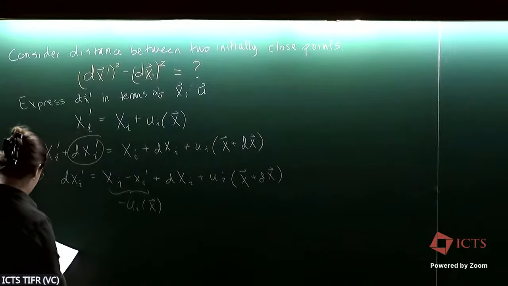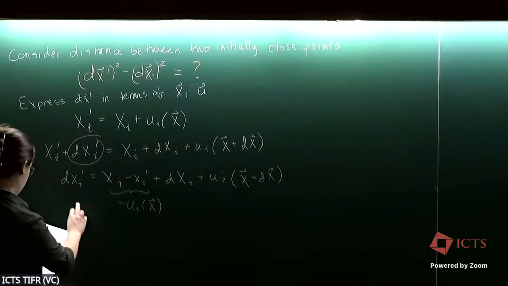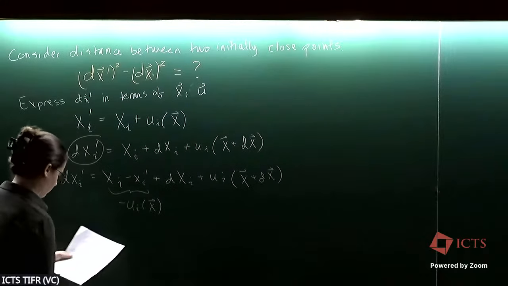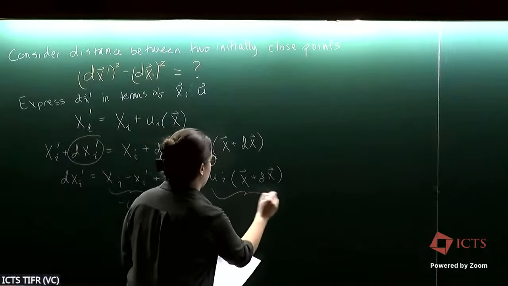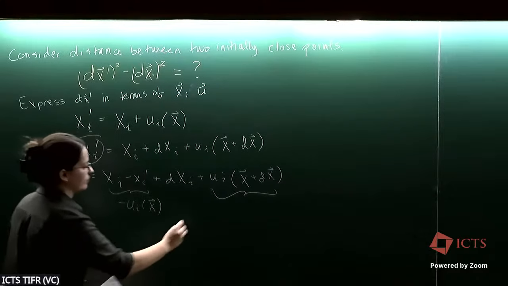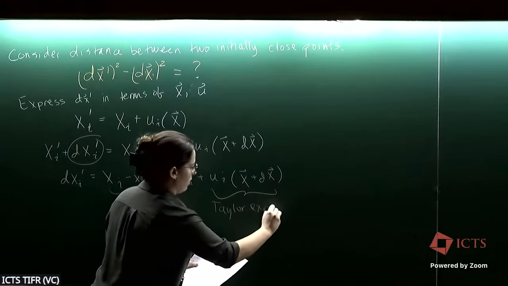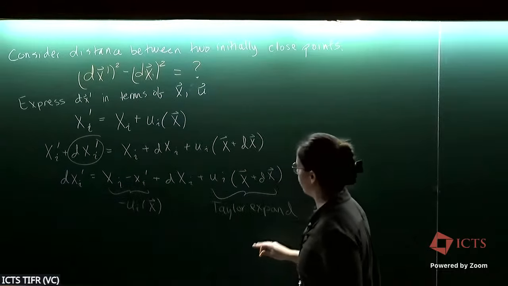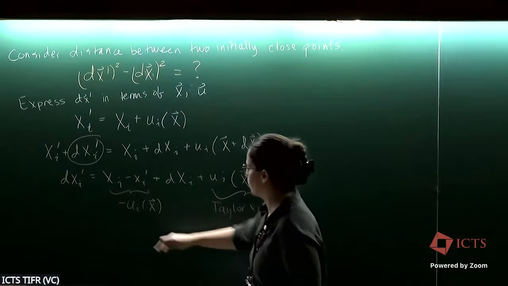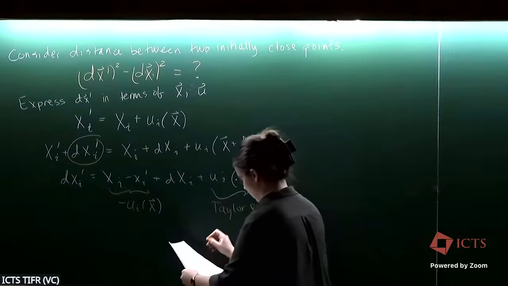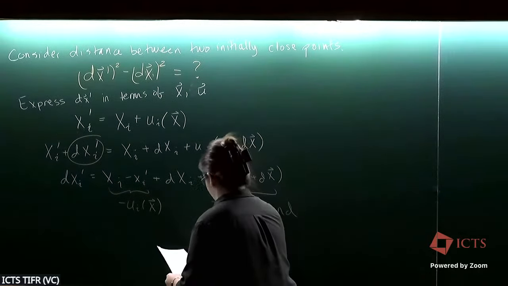And then we can realize that we can Taylor expand this term in order to simplify this expression, which will be nice because then we'll have this in a more usable form.